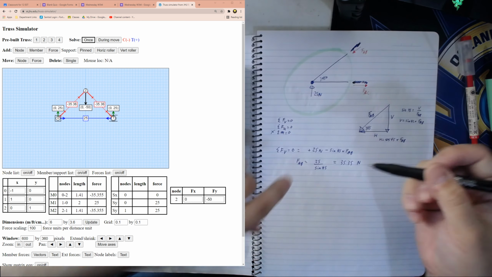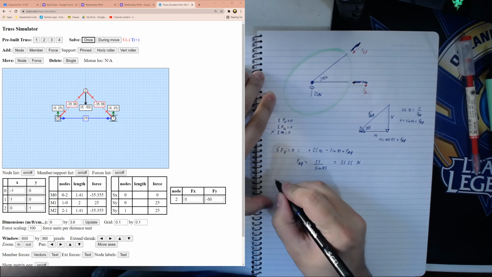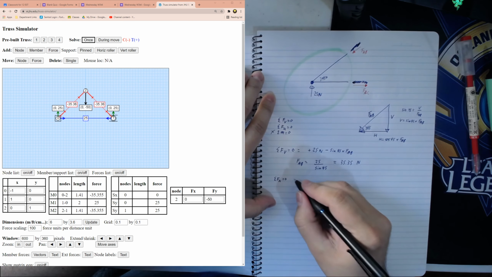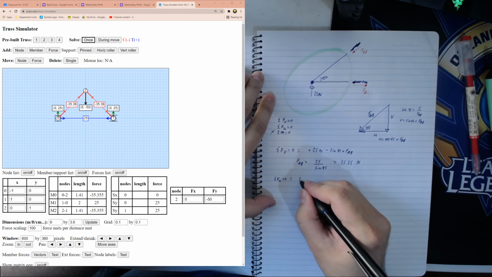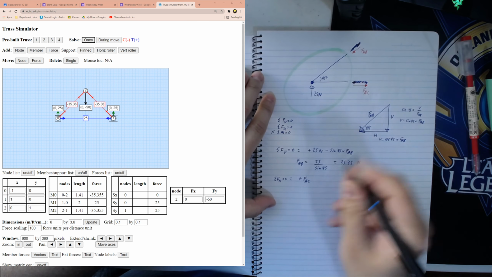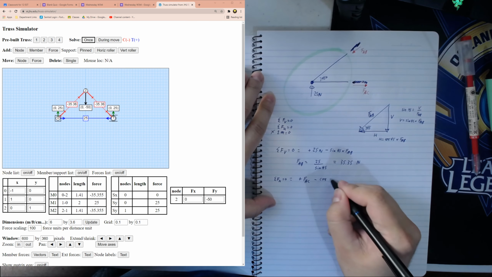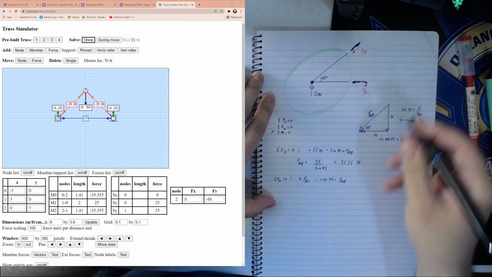All right, and we can do the same thing with our horizontal now. We can go sum of all forces horizontal equals 0. We know that we have our positive FAC, and our negative is going to be this one. So minus cos 45 times FAB.